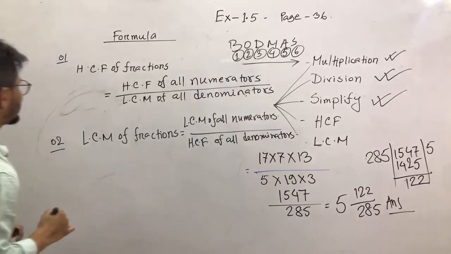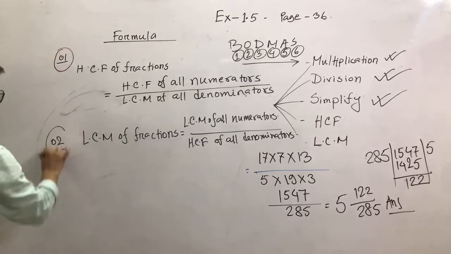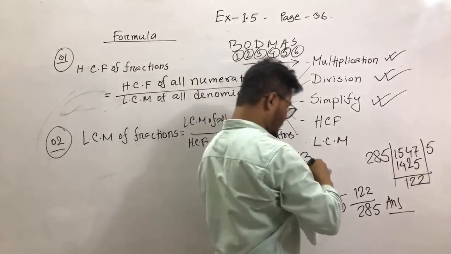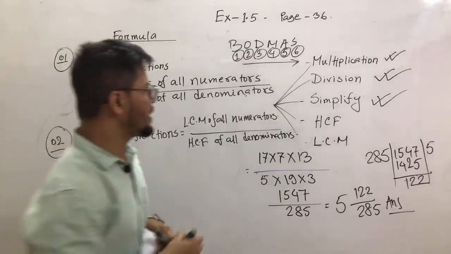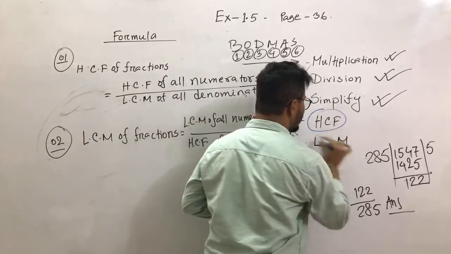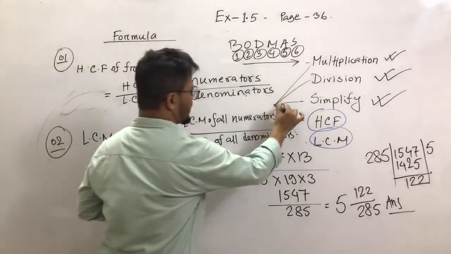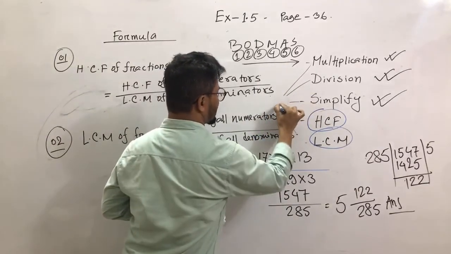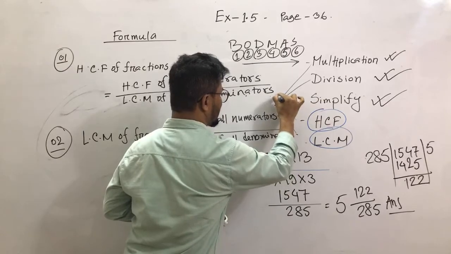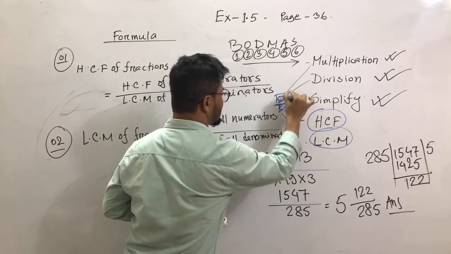So my dear students, these are the two formulas to find the HCF and LCM. Inshallah, next class we will discuss HCF and LCM of fractions. From the next class we will discuss HCF and LCM of fractions.